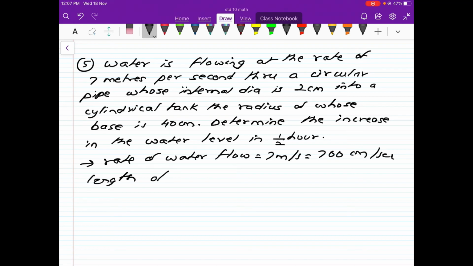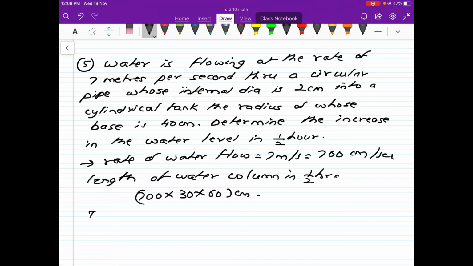So length of the water column in half hour, means 30 minutes, will be 700 into 30 into 60. Now this will be the length.